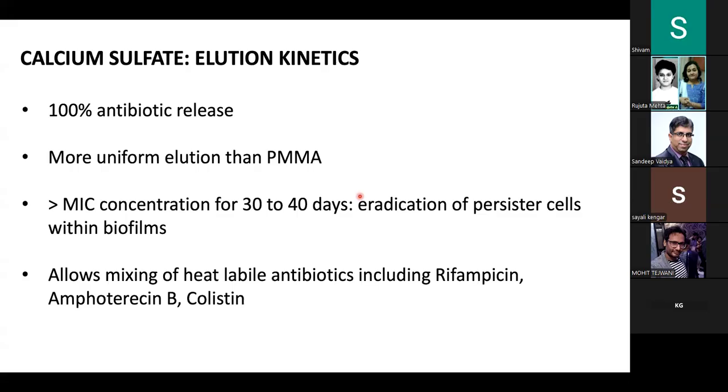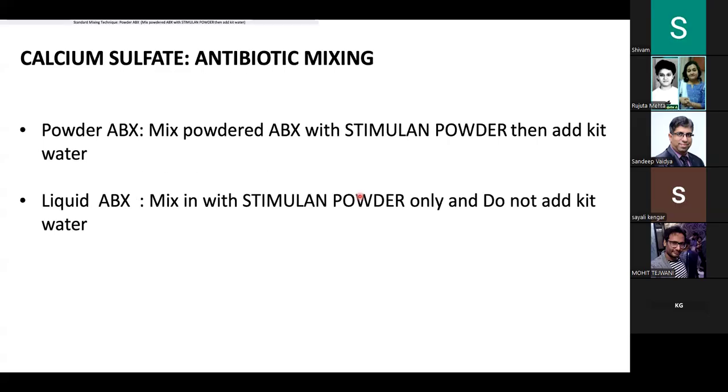You have a more uniform elution than PMMA. So remember, in PMMA there was a burst phase and tail phase. That does not occur in calcium sulfate. Here, the antibiotics are eluted in a much more uniform manner, and good concentrations of local antibiotic are maintained for 30 to 40 days, and plus it allows mixing of heat labile antibiotics as well.